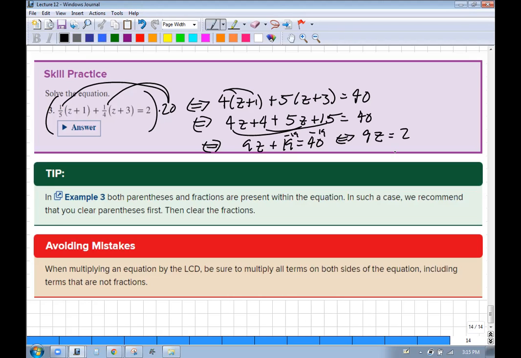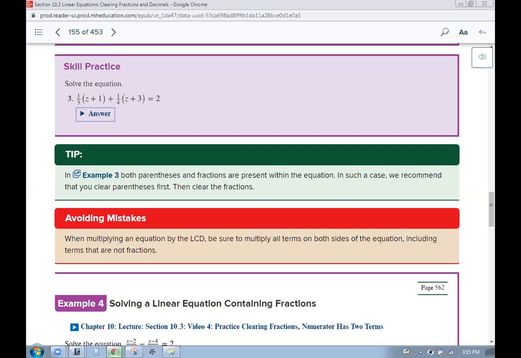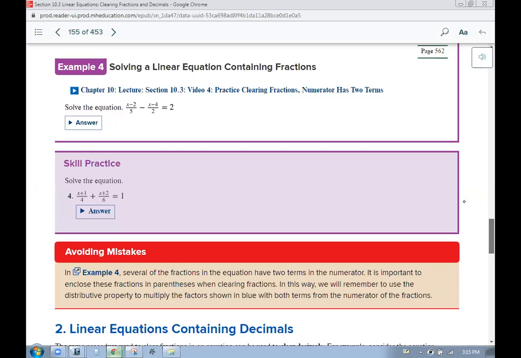Is that 21? So Z is 21 over 9, which we can simplify. 7/3, dividing the top and the bottom by 3. All right.